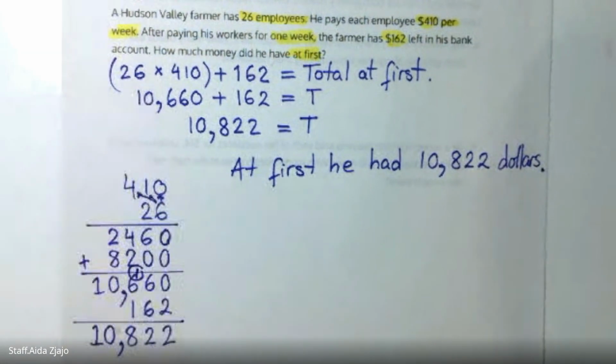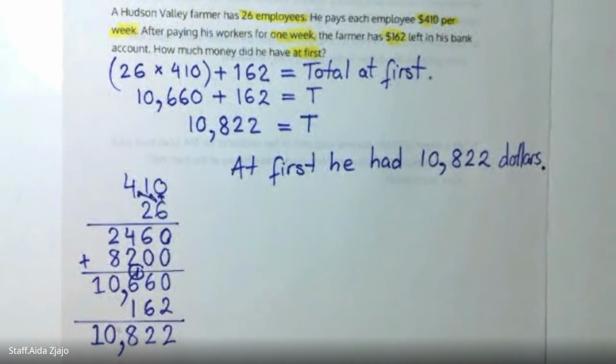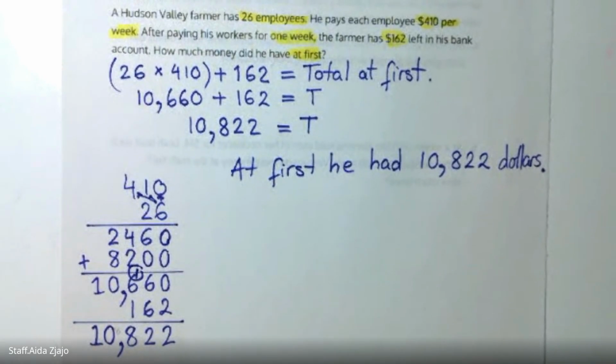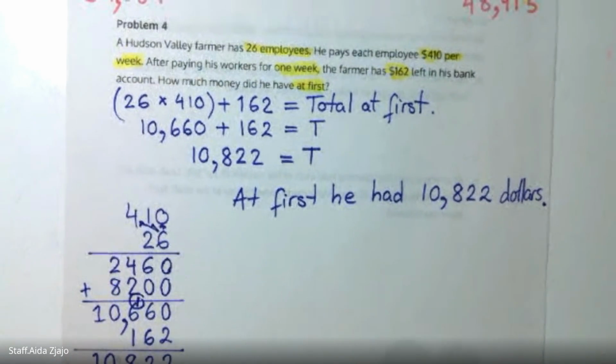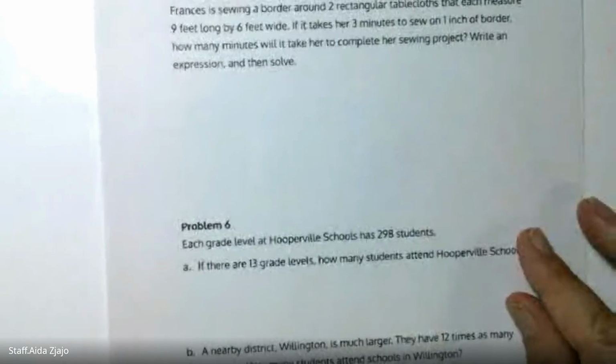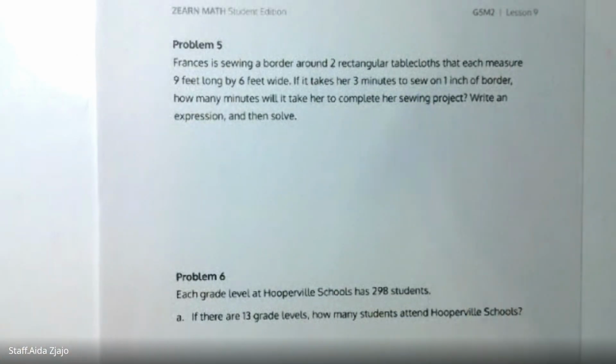Okay, and that was problem 4. Okay. Next is 5 and 6. All right, almost there, almost there.